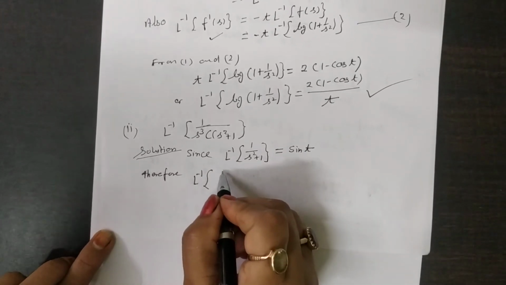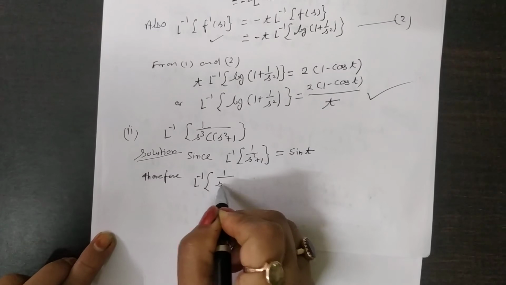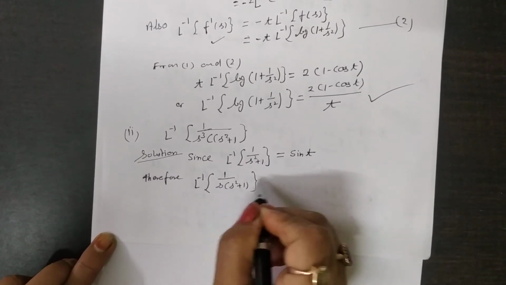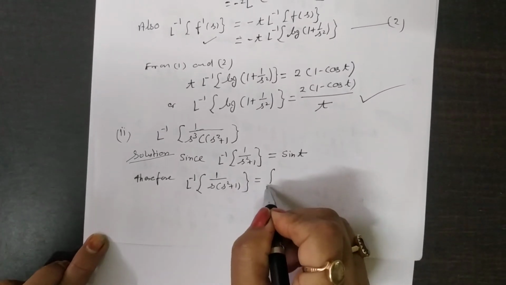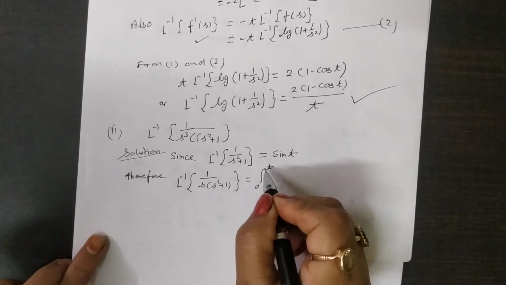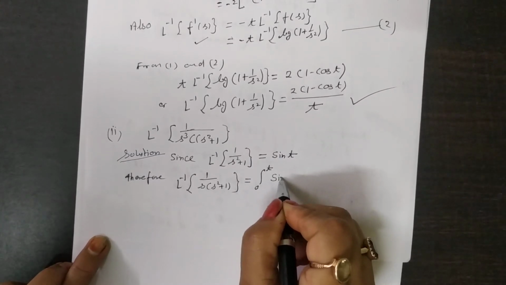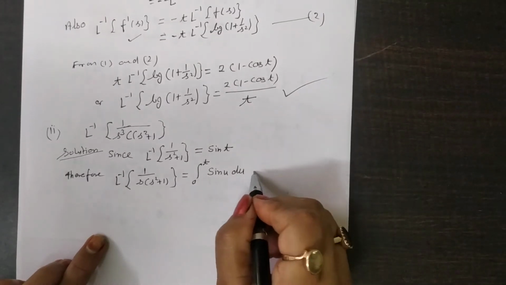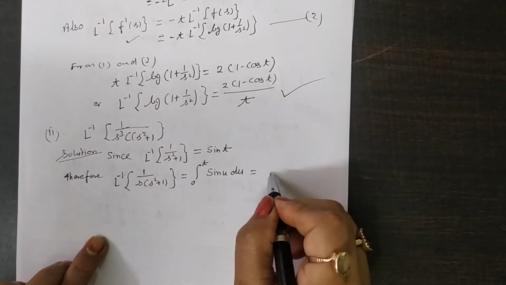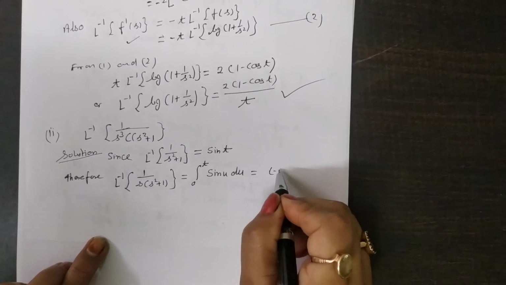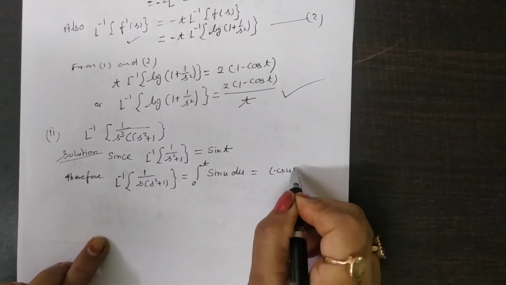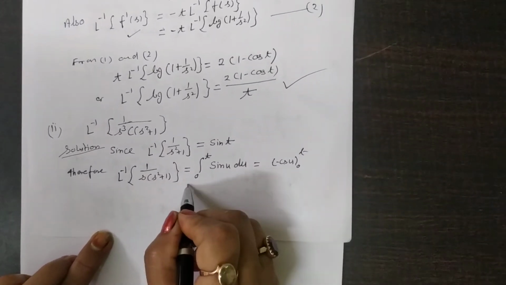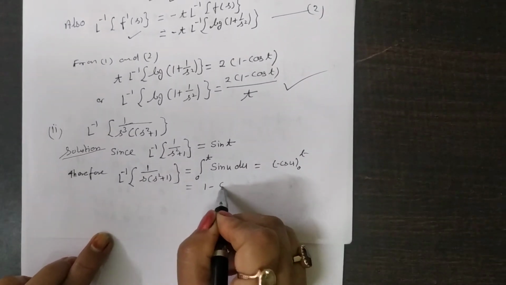So Laplace inverse of 1/(s(s² + 1)) is equal to the integral from 0 to t of sin u du, and this is equal to minus cos u, taking the limit from 0 to t, you get 1 minus cos t.